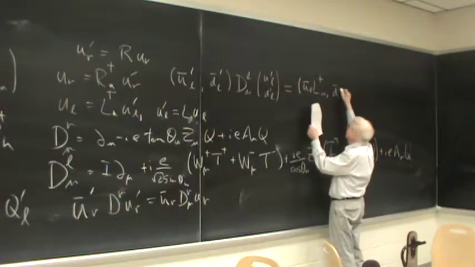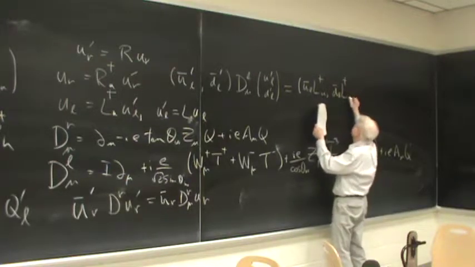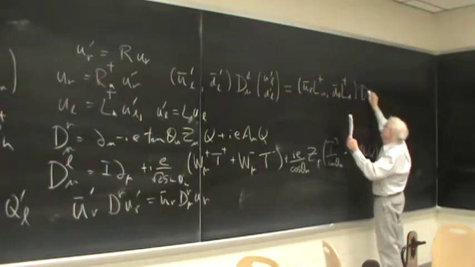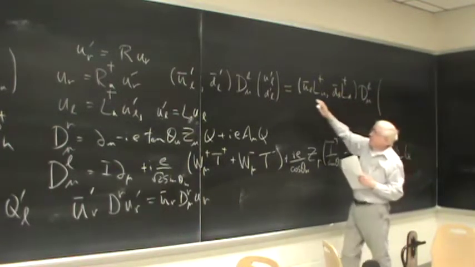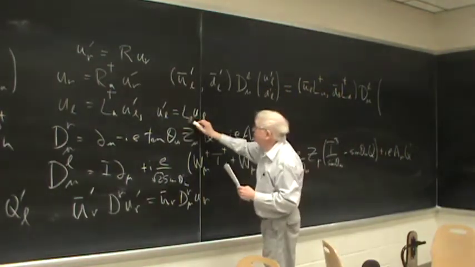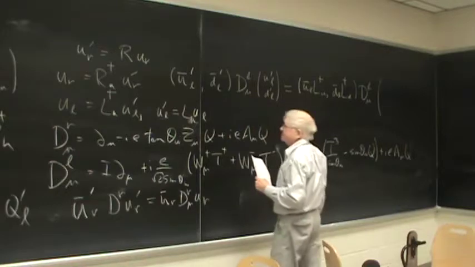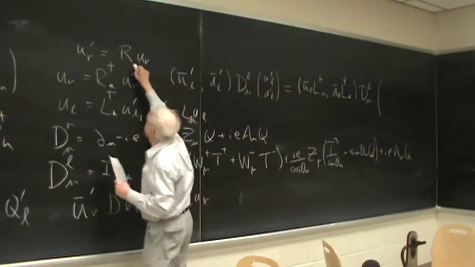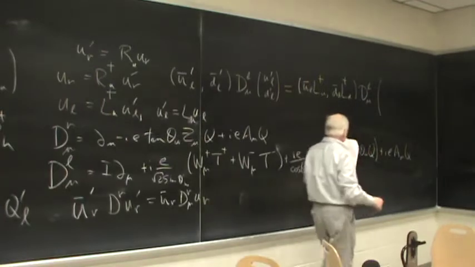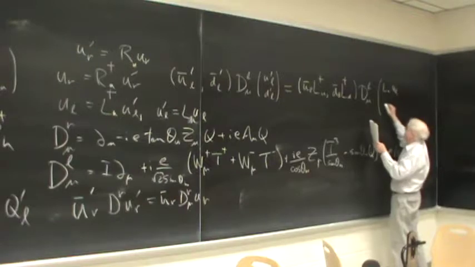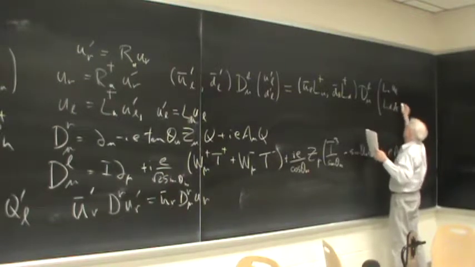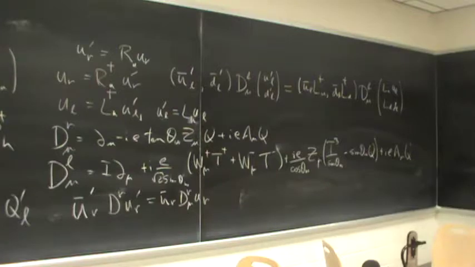D bar mass now, L dagger D, and now the covariant derivative, and then the flavor eigenstates are u's L sub u times the mass eigenstates and so forth, and so this is LU up left, LD down left. So that's what the whole left-hand covariant derivative looks like on the quark fields.